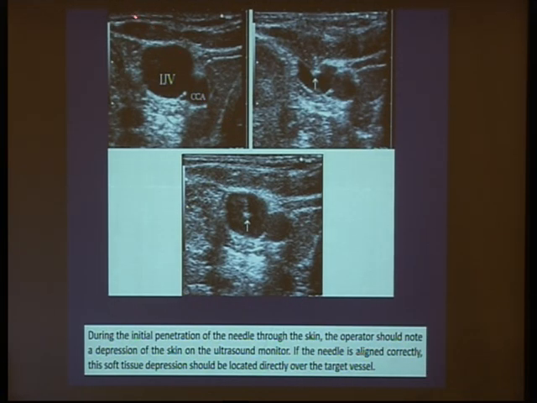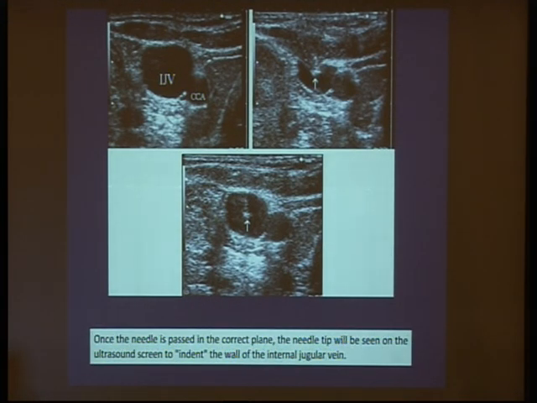You will see an indentation on the skin, and when you have this indentation, you are mostly on the right way. And then after introducing the needle, you can see the needle on the wall of the vein here. And after puncturing the vein, you will find the needle inside the vein.